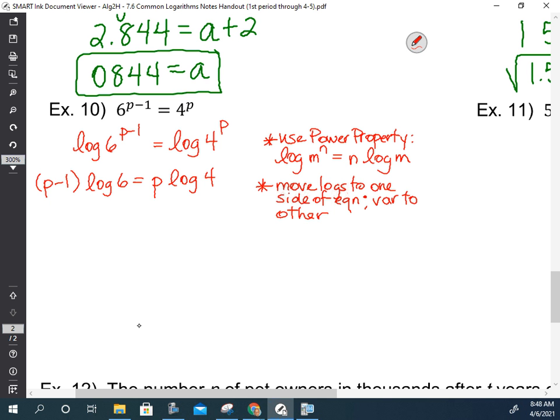You have p minus 1 times log of 6. We're going to move the log of 6 over to the other side. To do that, we do the opposite. The opposite of multiplication is division. That's p minus 1 equals p times log of 4 divided by log of 6.